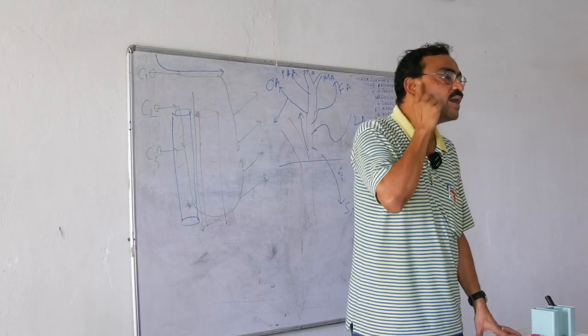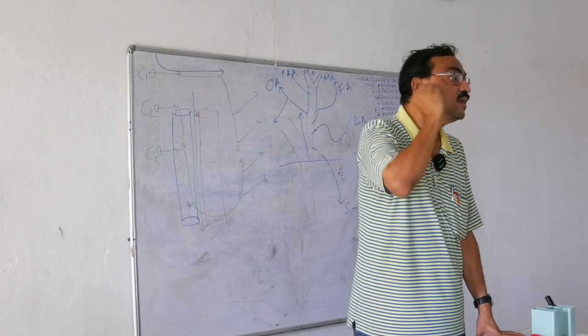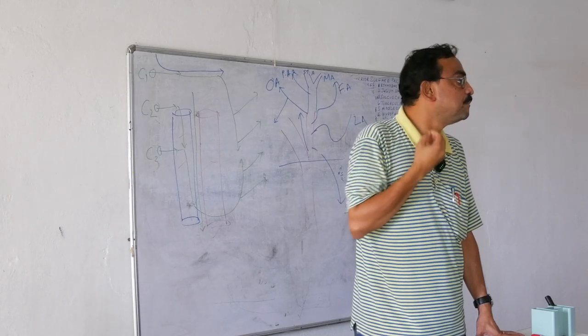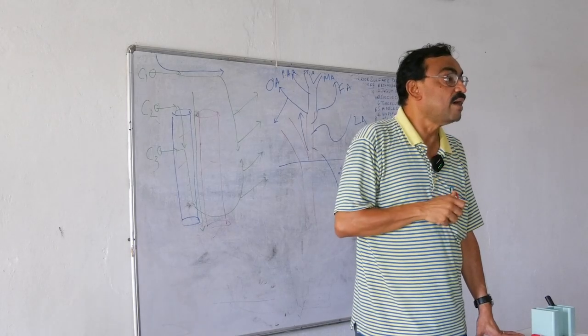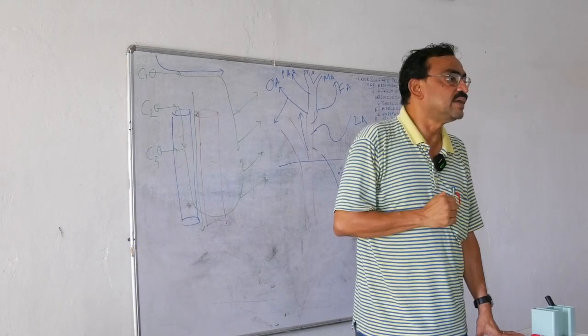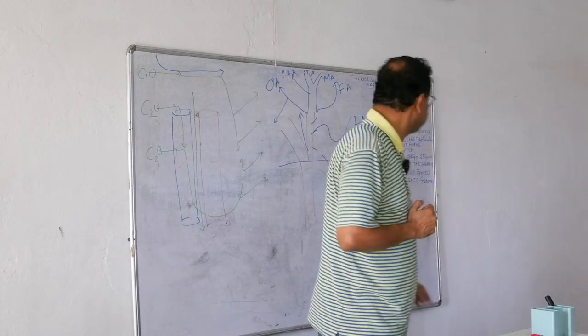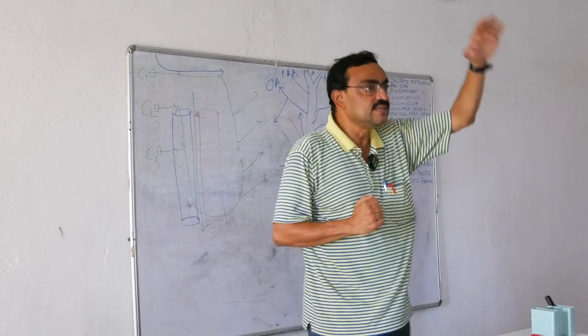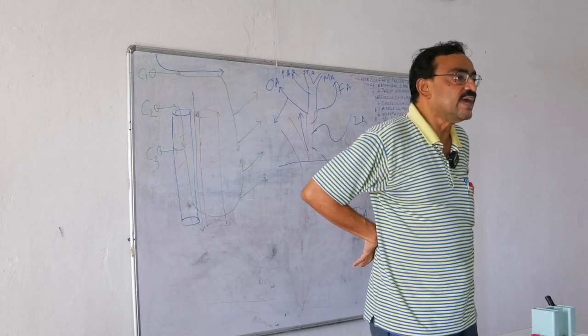The maxillary artery is not apparent unless we cut the ramus of the mandible and do the dissection of the infratemporal fossa, where we can see it. The maxillary artery is in a deeper plane, in relation to the lateral pterygoid muscle.